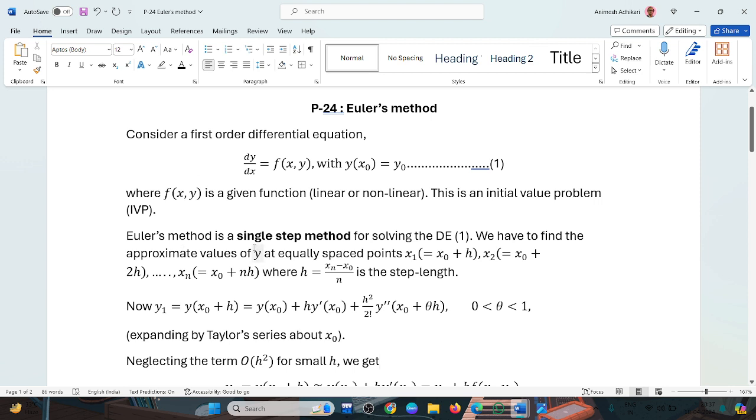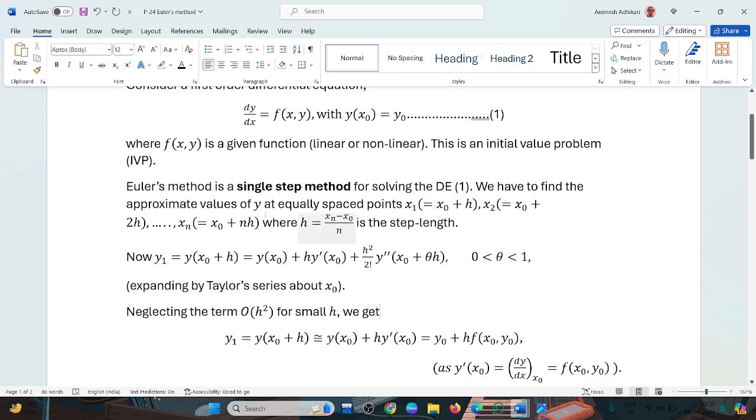Euler's method is a single step method for solving the ordinary differential equation. What is the single step method? Here the value of y(i+1) depends on the knowledge of the preceding value of yi only. Then we say this method is a single step method.